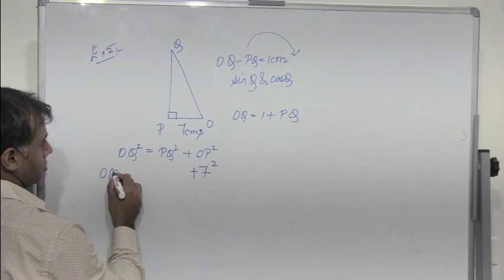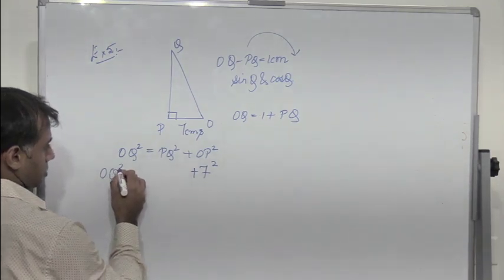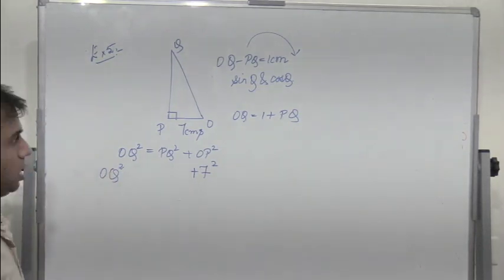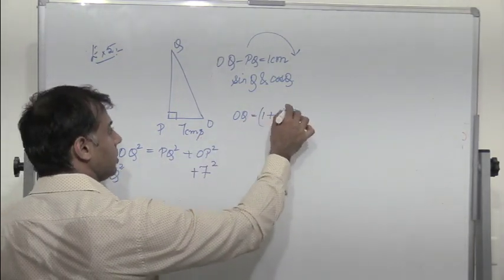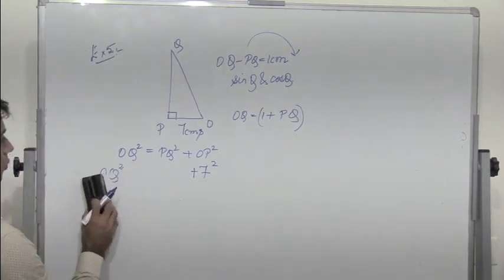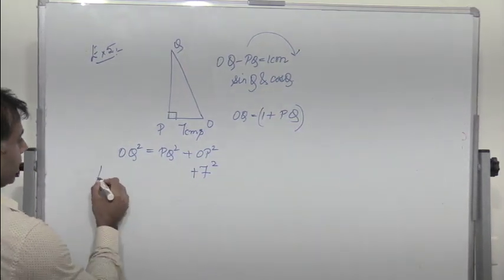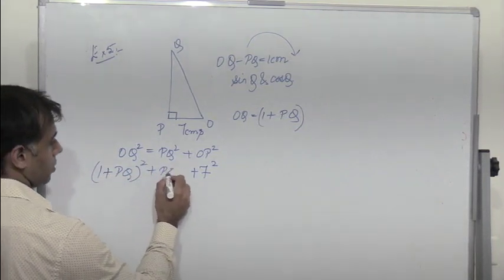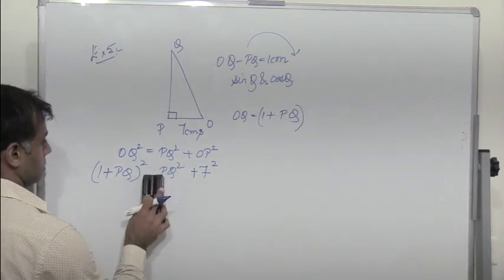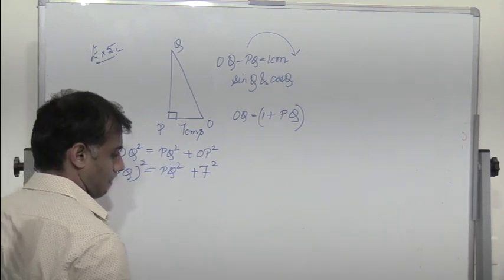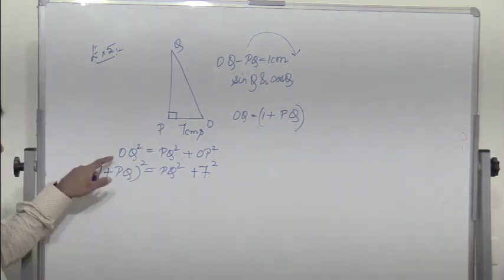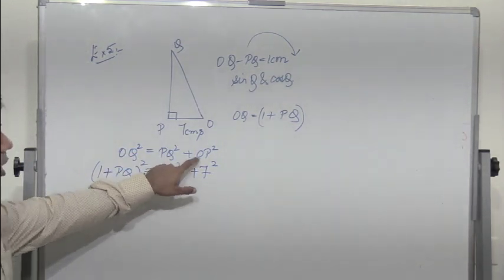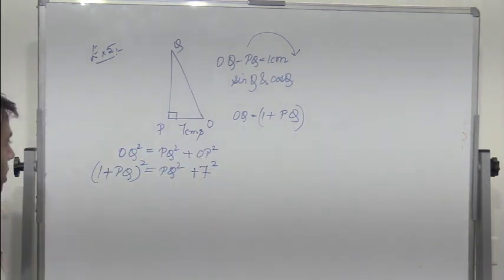OQ and PQ are unknown. But what is OQ? OQ is nothing but 1 plus PQ. So in place of OQ, I am writing 1 plus PQ square, which is equal to PQ square plus OP square, which is 7 square.